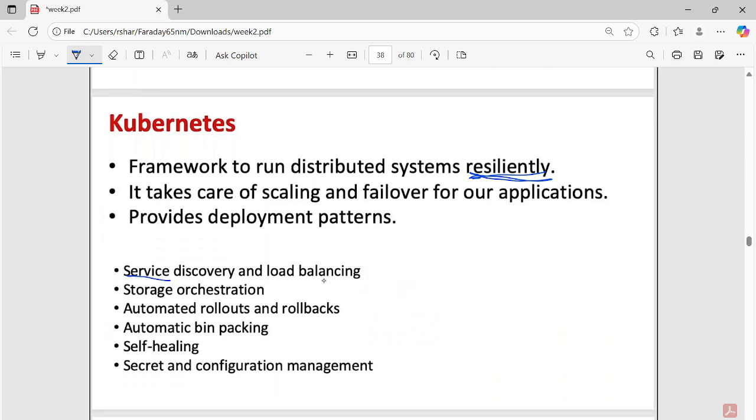Service discovery means Kubernetes is in a position to understand, using either DNS or its own IP address, it exposes a container using its own DNS name, and then it can rediscover all the services available on the DNS name or the IP address.